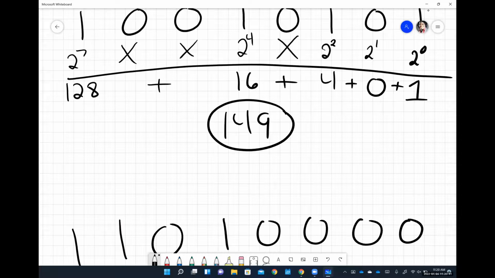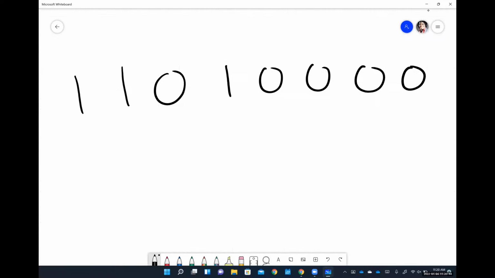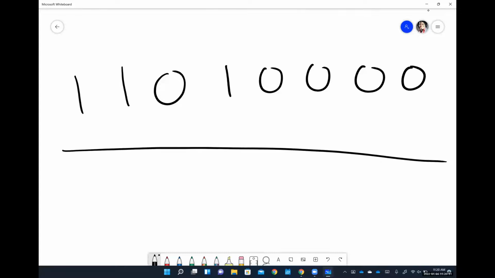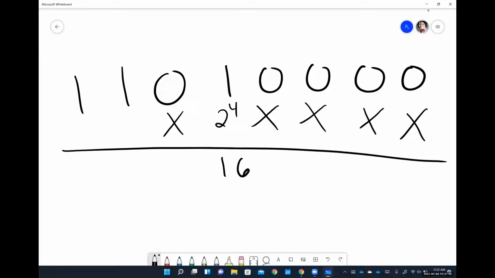All right, so let's do that second one then. Again, if you have any questions, stop me so I can help you. We know we have these zeros, so we don't worry about these. 1, 2, 3. This would be 2 to the power of 4, which is 16. We don't have that one. As you get better at this, I'm saying 2 to the power of 4 so that you know it's based on positioning, but you don't have to really worry about that.